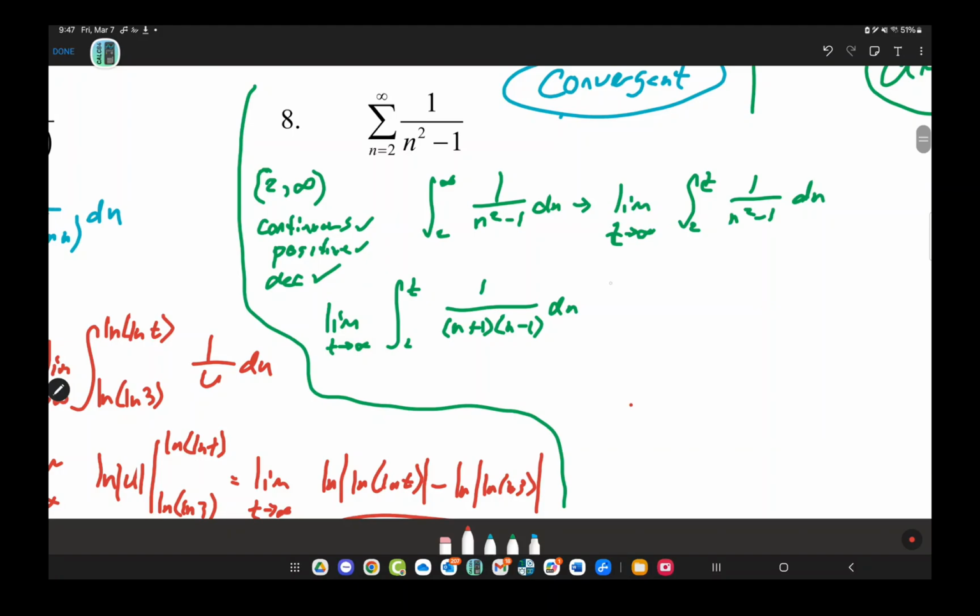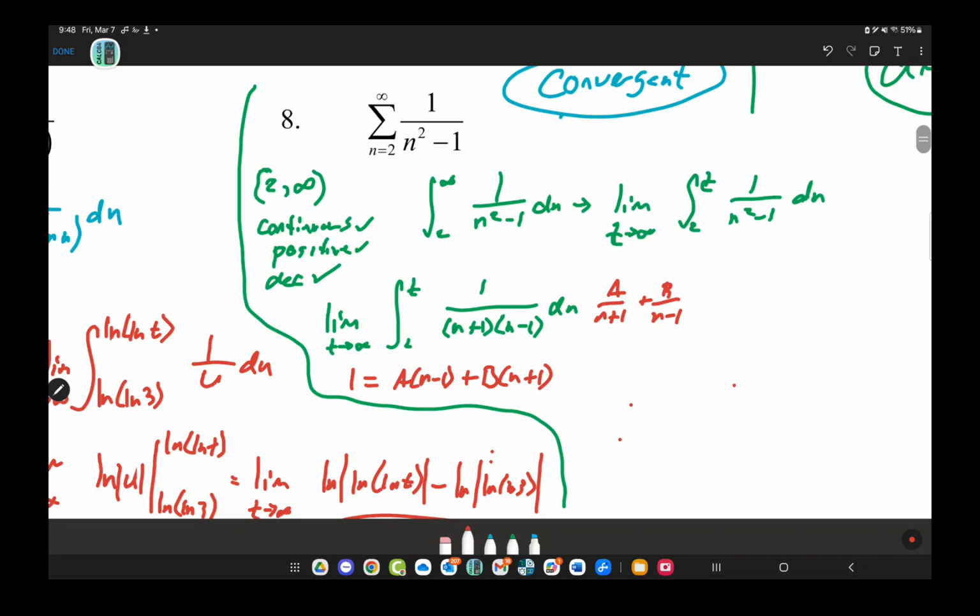We are gonna have, again, A over n plus 1 plus B over n minus 1, which will give you 1 is equal to A times n minus 1 plus B times n plus 1. How do we solve our partial fractions?